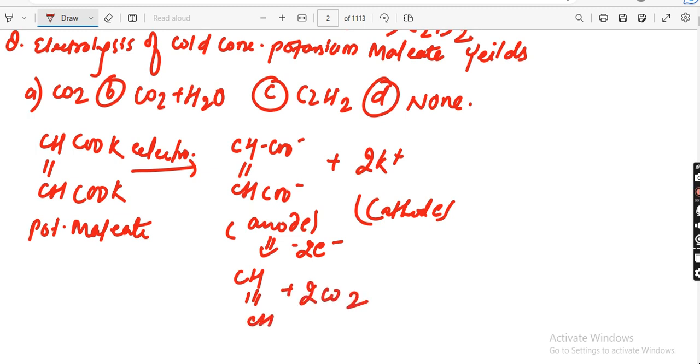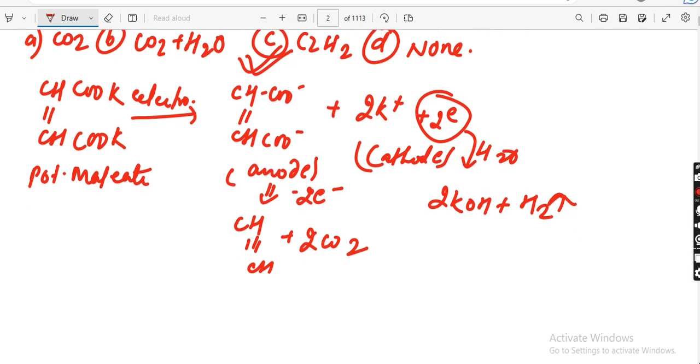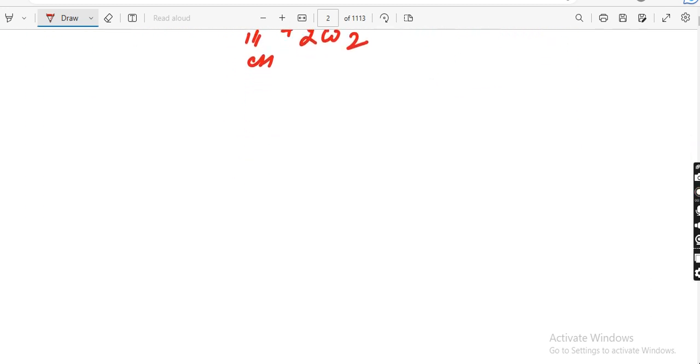The potassium will gain 2 electrons at the cathode and react with water to form 2KOH plus H2, right? This is what is happening. So actually this is your C2H2, so this is the answer. That is acetylene, or ethyne, will be the product.